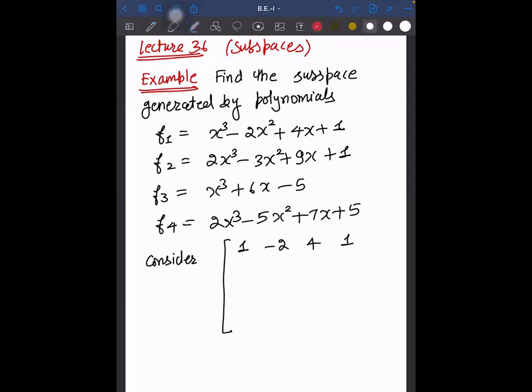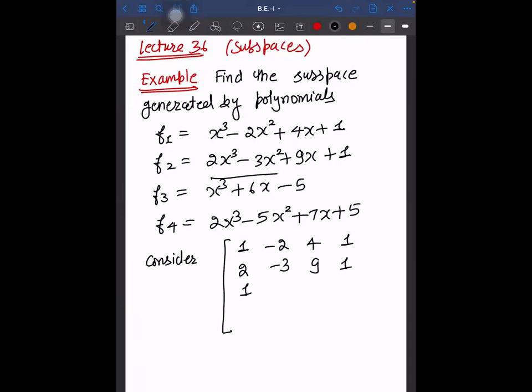See this, the coefficient of x cube is 1, x square -2, x 4, and constant term 1. So I've taken these coefficients into this matrix. Now I'll do the same thing for the rest of the polynomials.